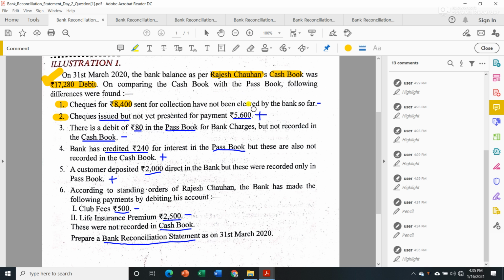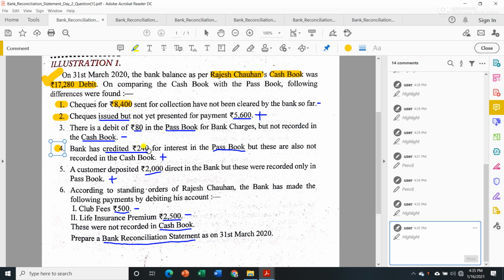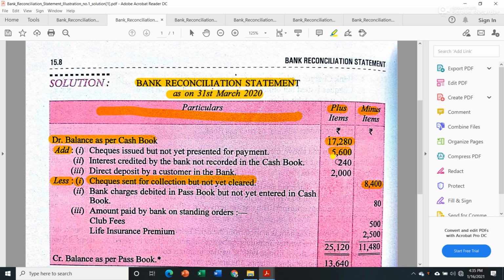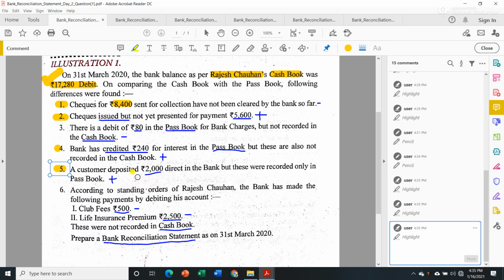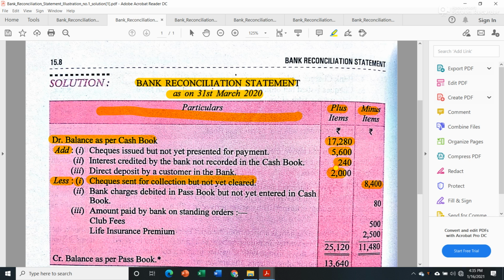Then next plus item we have point number 4, 240. The next plus item we have is customer deposited 2,000, and the amount is 2,000 here.